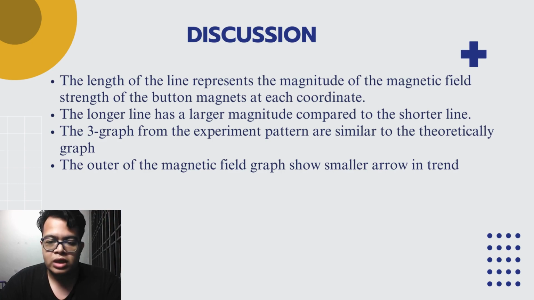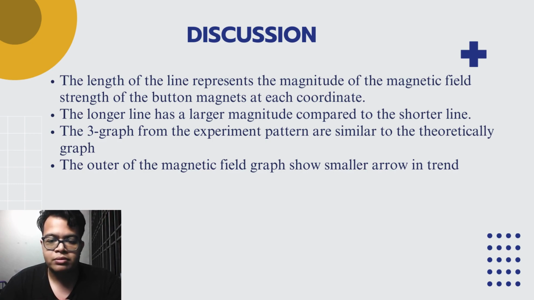When we see the graph of the magnetic field, at the outer layer there are small arrows, some short and some very small. So we conclude that at the outer level of the magnetic field, only a very small value of the magnetic field can be measured.